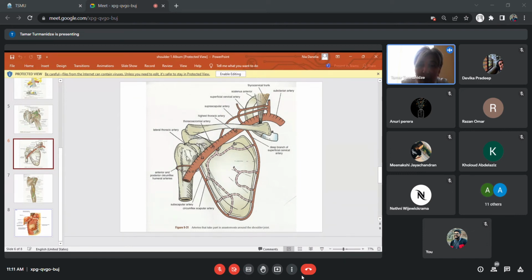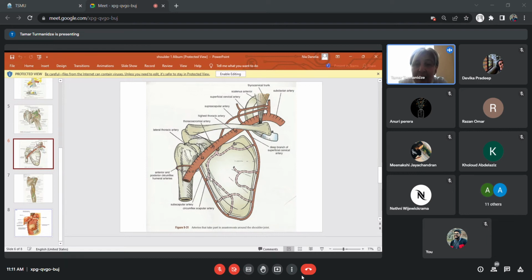The second part gives off the lateral thoracic artery. The third part of the axillary artery, which is present in the subpectoral triangle, gives off the subscapular artery and the anterior and posterior circumflex humeral arteries. The subscapular artery gives off the circumflex scapular artery and the thoracodorsal artery.